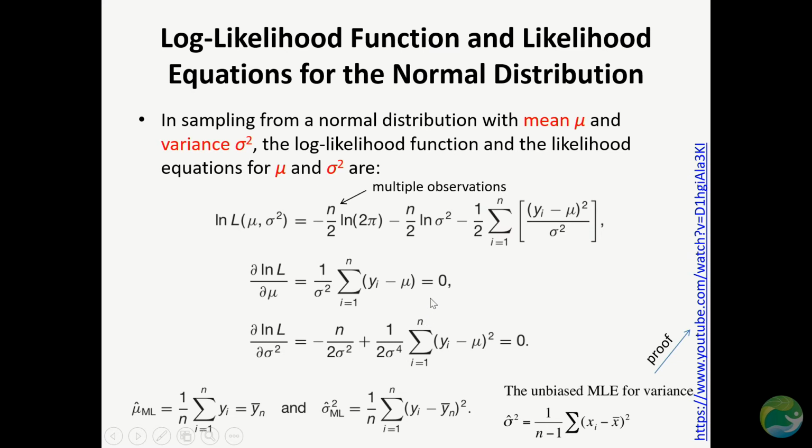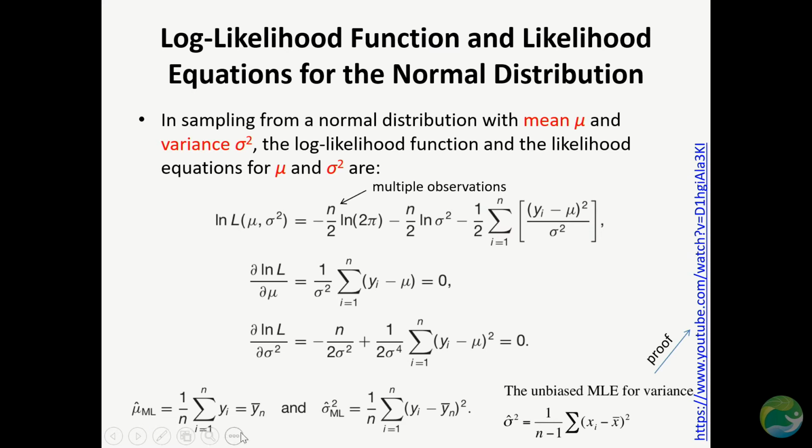The maximum occurs when the derivative is equal to 0, right? So under these two conditions, when the derivative is equal to 0, this part is the result after we take the first order derivative. So solving these two equations, we can get the mu value under the maximum likelihood estimate.